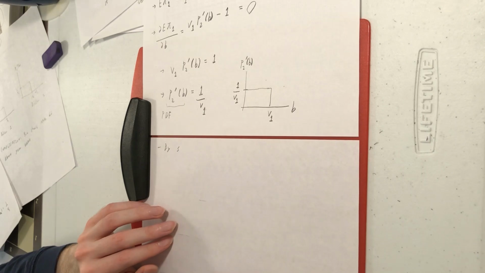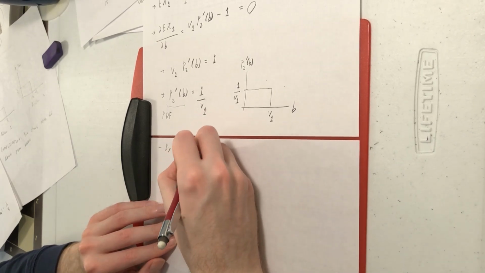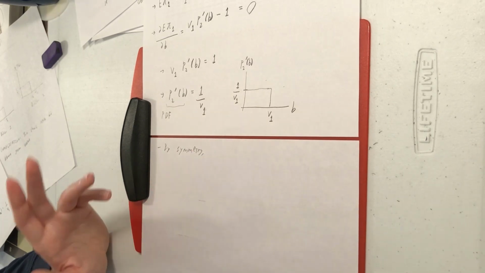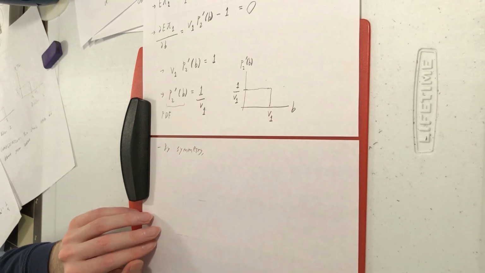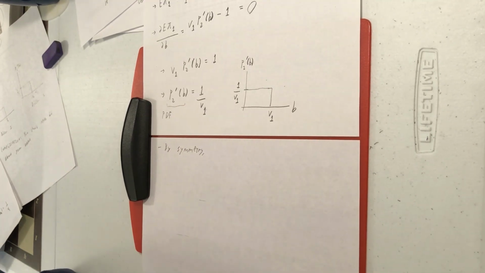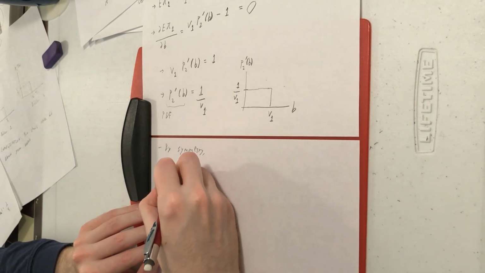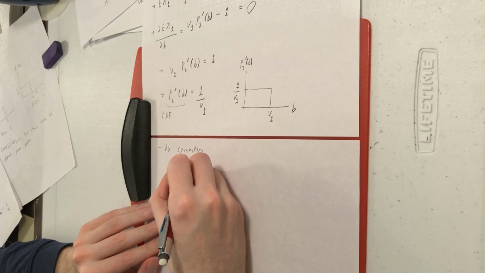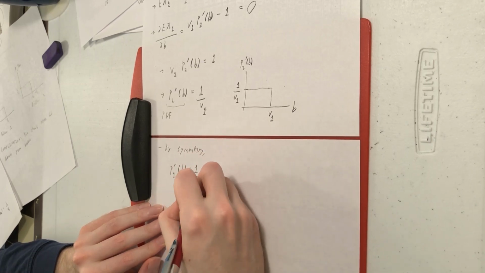Now, as for person 1, we worked through their problem. It's symmetric, so for bidder 2, you go through the same process: find expected payoff, take derivative, set equal to 0, same process, and you're going to get that P1 prime of B is 1 over V2.